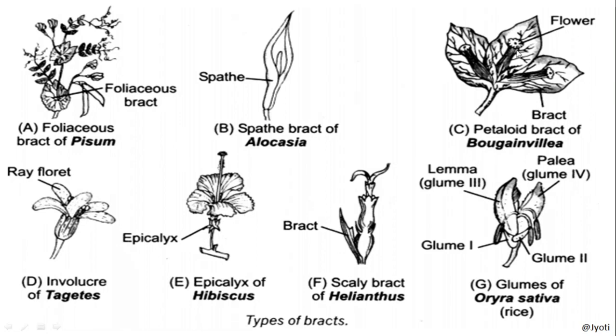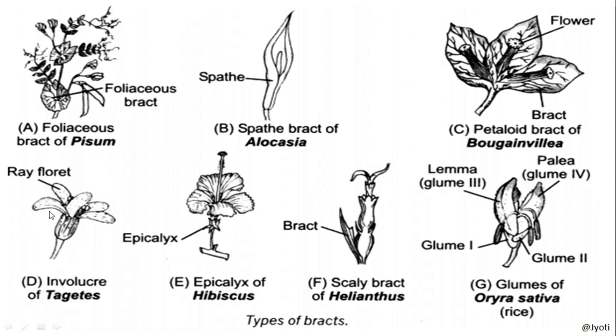Then here you can see the bracts. The bracts are very large and colorful. They are brightly colored to attract insects. They are just like the petals, so they are called petaloid bract. Then next you can see here it is involucre.